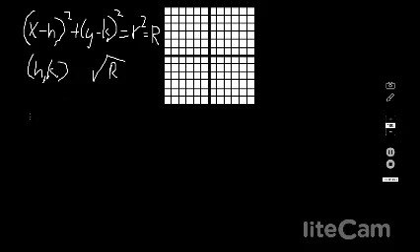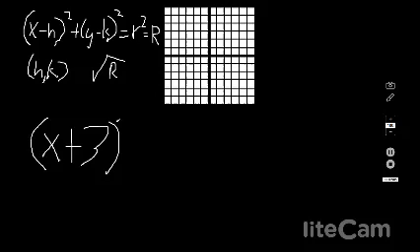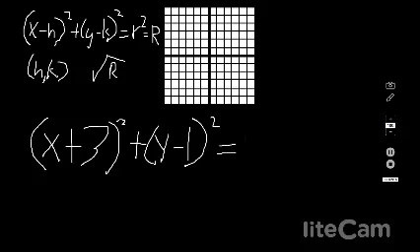So diving in, I'm going to show you an actual example of a standard form of a circle and what you can do with it graphing-wise on this graph I took the liberty of putting on here. The example is (x plus 3) quantity squared plus (y minus 1) quantity squared is equal to 16.